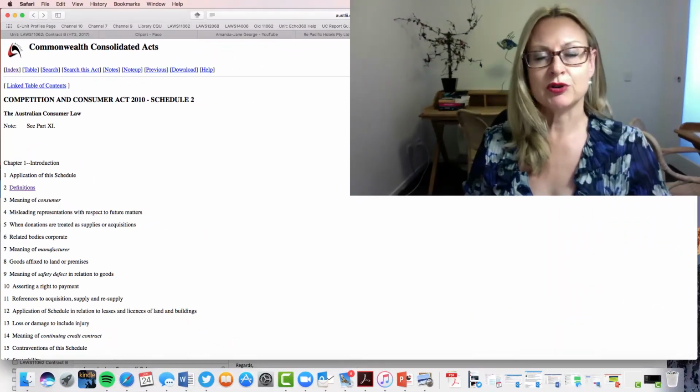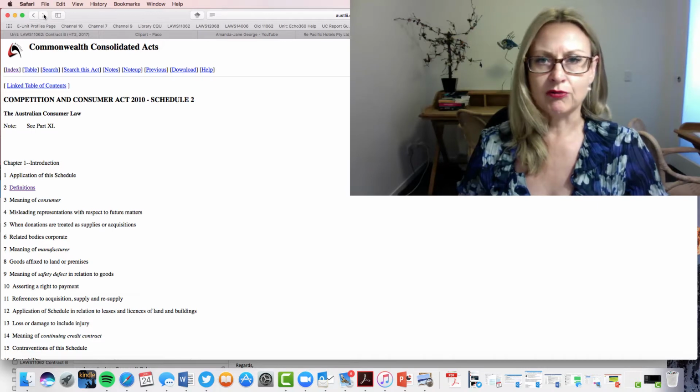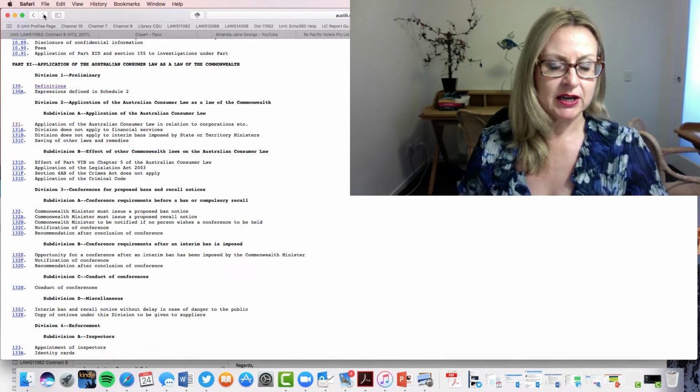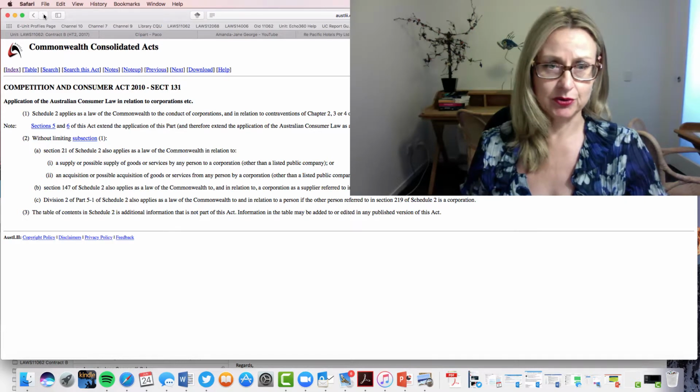Now, one of those provisions that does lie within the main body of the Competition and Consumer Act is Section 131, and that's probably our first port of call.